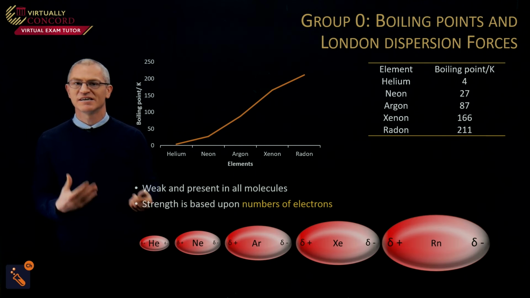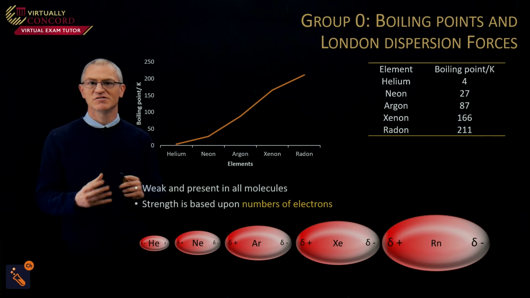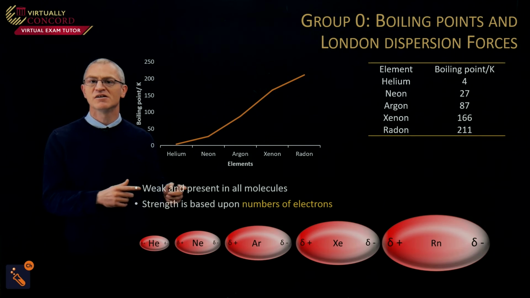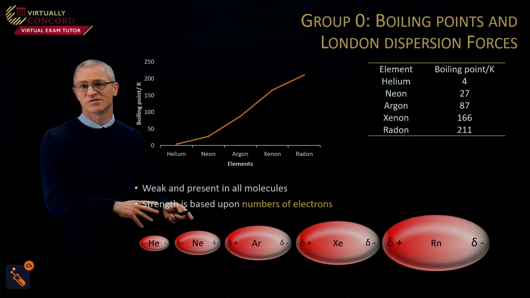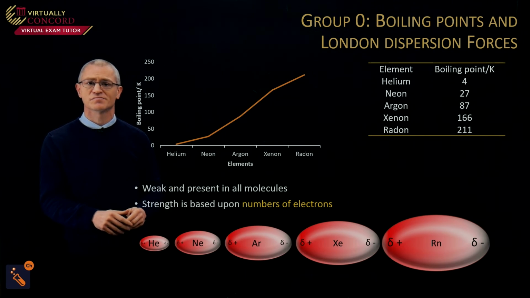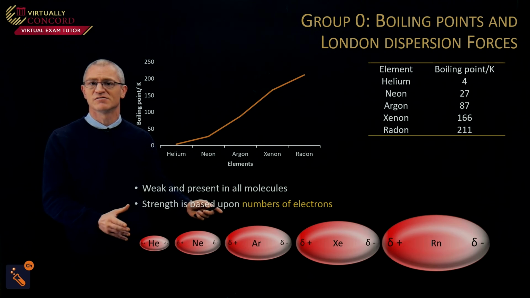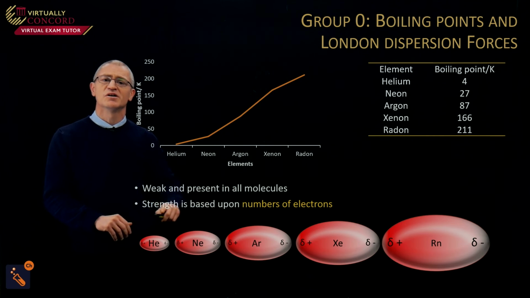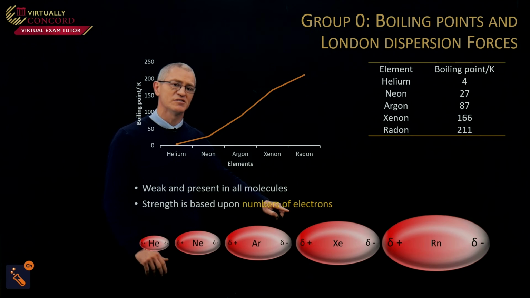Now this happens in multiple different areas, so you've really got to focus on the electrons. When you're looking at something that's a simple molecule, look at its number of electrons. If it's a simple molecule and it has London dispersion forces, because you first have to identify whether it has London dispersion forces, okay, and we'll talk about the difference in intermolecular forces in the next video. But if you are sure it's London dispersion forces, you need to look at what's happening to the numbers of electrons.